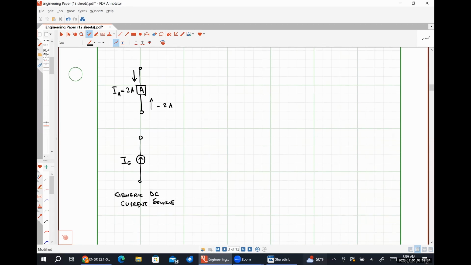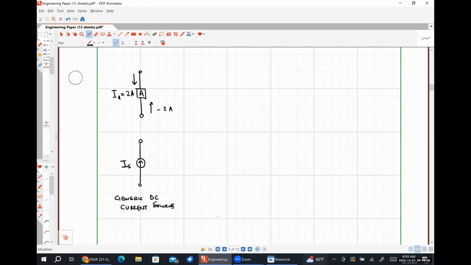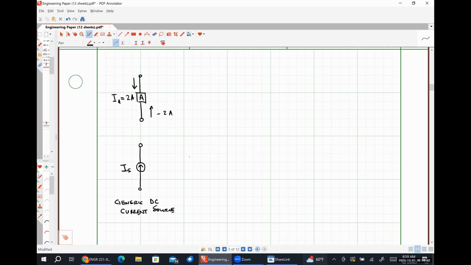Yes. That just means the direction. So circling back around to this previous thing, I'm saying that there was positive 2 amps of current flowing down. So if I want to know the current flowing in the opposite direction, I have to change the sign on my magnitude.